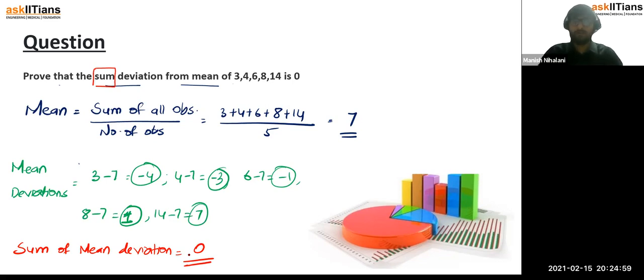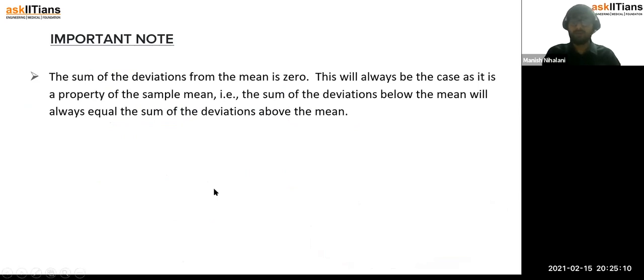When you add all the deviations, you are supposed to get 0, because the total sum came from the mean itself. So the sum of deviations from the mean is always 0. This is a property of the sample mean.